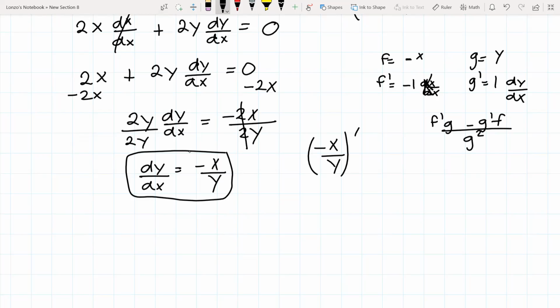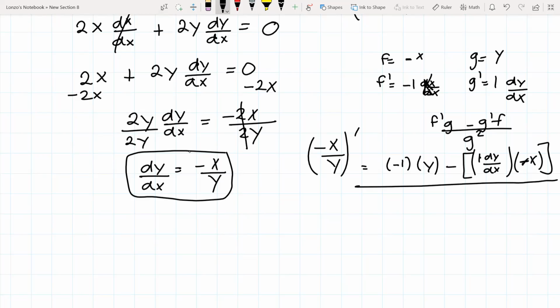Okay, so this is going to be f prime, which is negative 1, times g, which is y, minus bracket g prime, which is 1 dy over dx, times negative x, bracket, all over y squared.